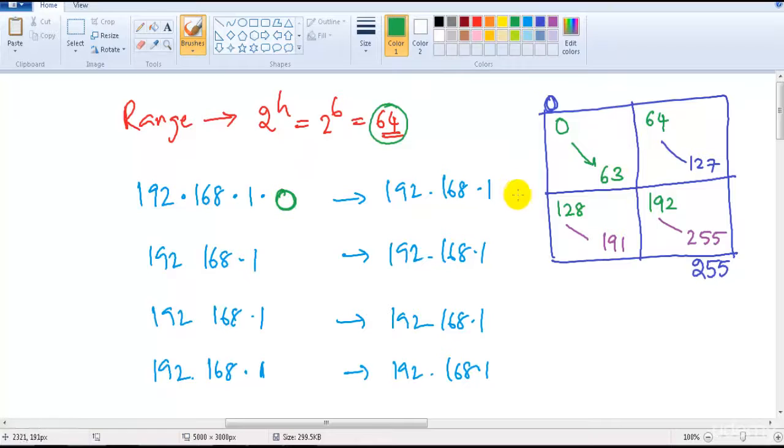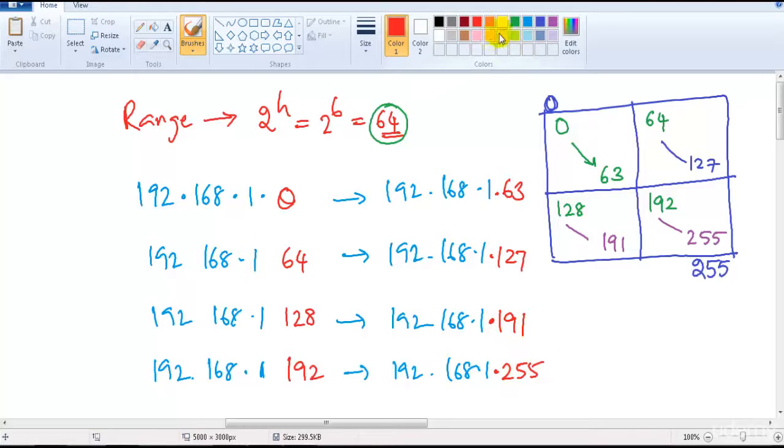So the range will be 0 to 63 is one network. Then 64 is the next network, then 128, plus 64, plus 64, and it ends at 63, then 127, then 191, and then 255.